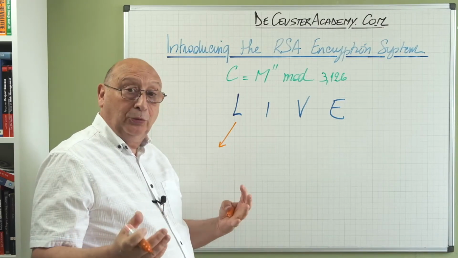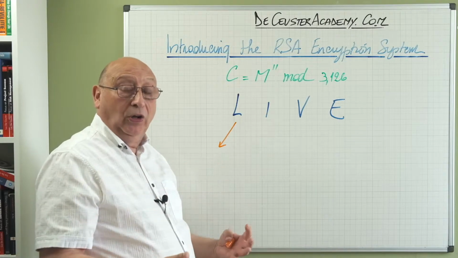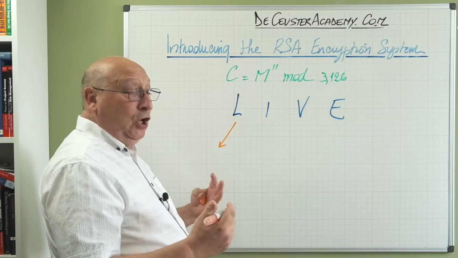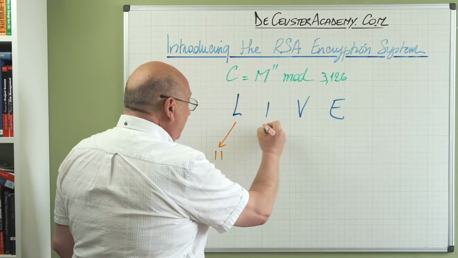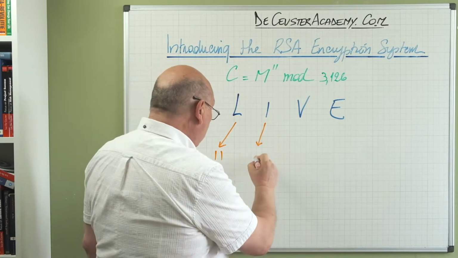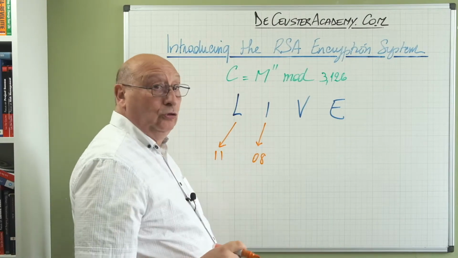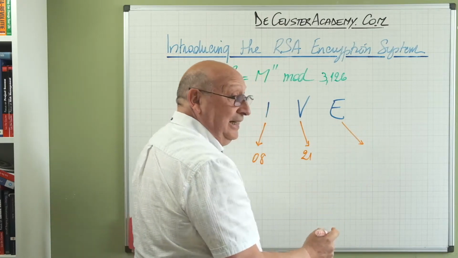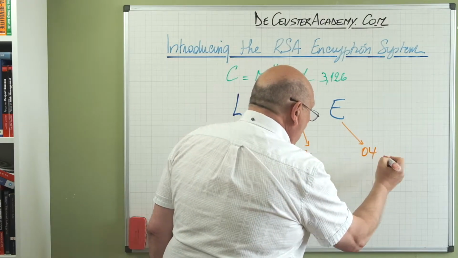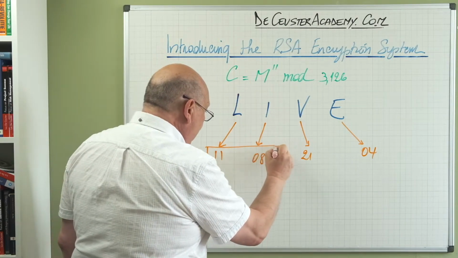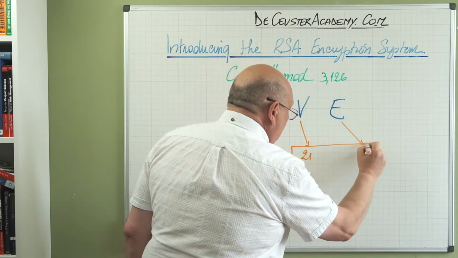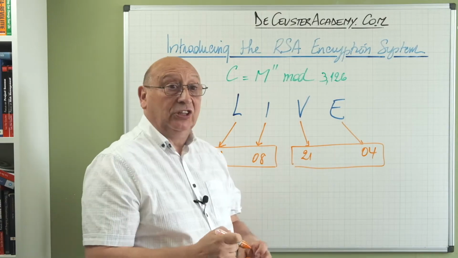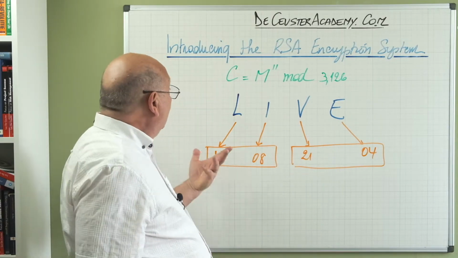We used the classical 26-letter alphabet, all in capital letters, no difference between capital and small letters. So it gives us 11 for L. We have I, which gives us 08. We always use two digits. V is 21 and E is 04. So basically we have two numbers here to encrypt, which are 1108 and 2104.